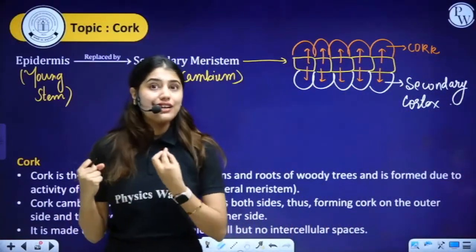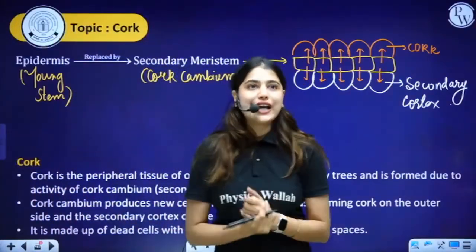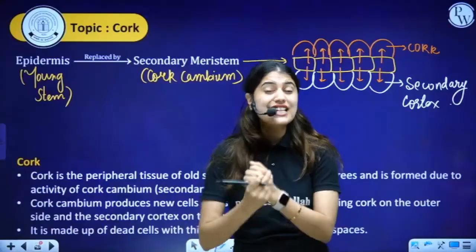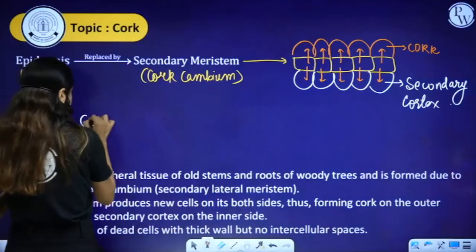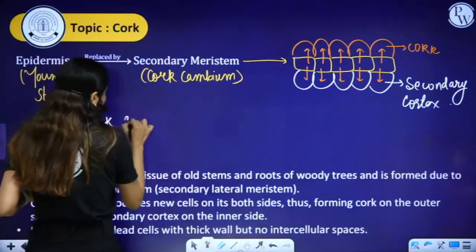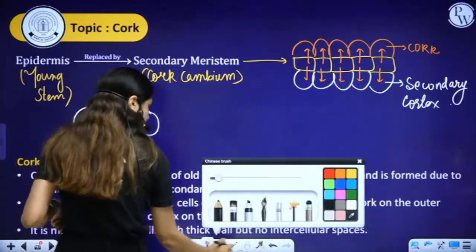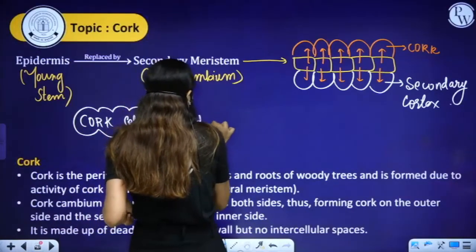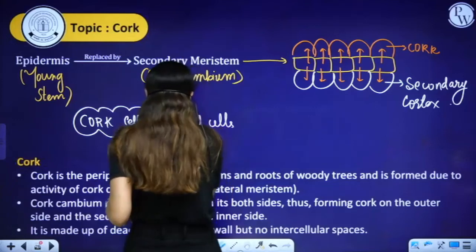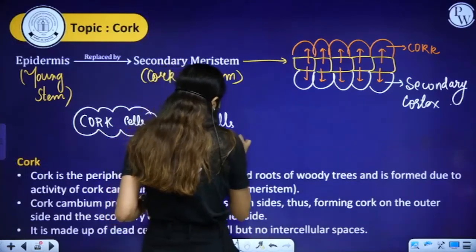Now what is the capacity of this cork? What is this cork doing? The very first thing, the cork cells are dead. Obviously, they will not have intercellular space.